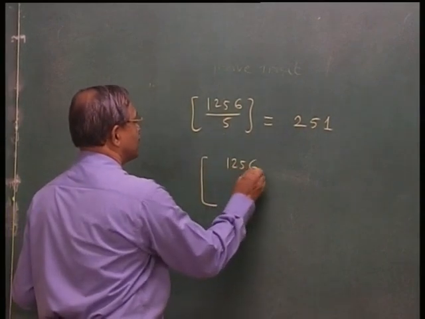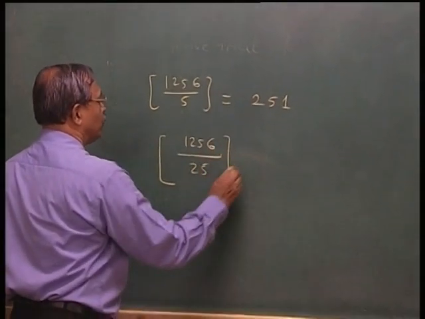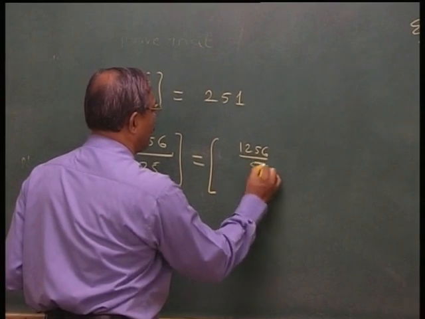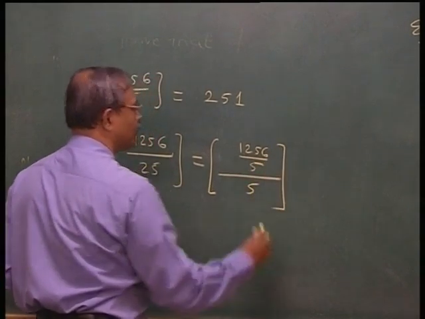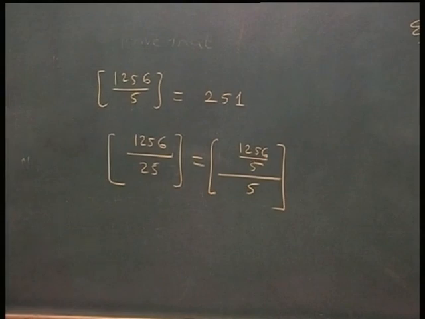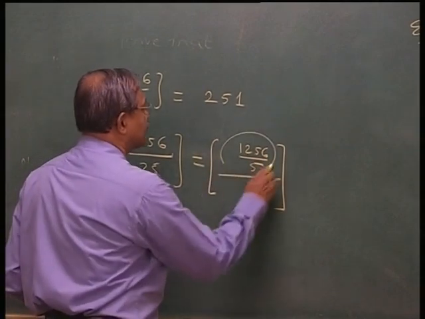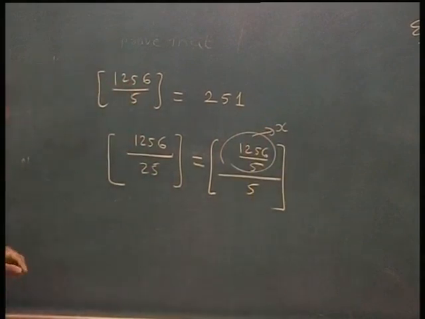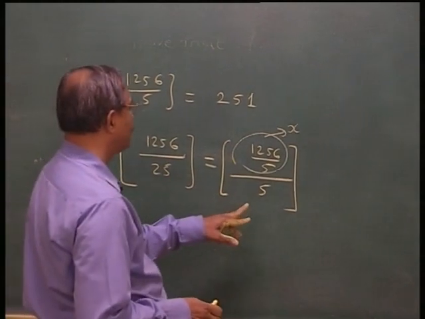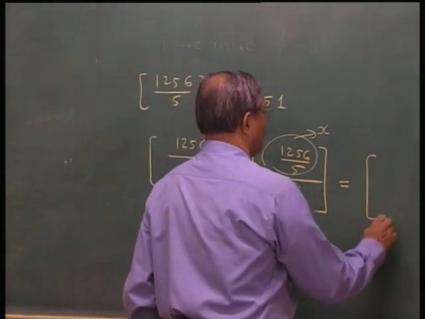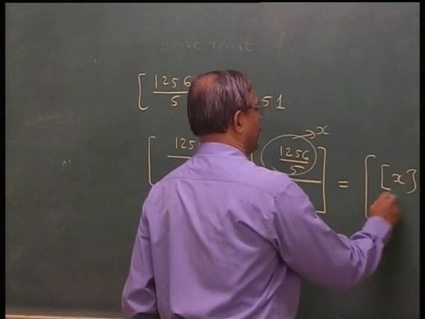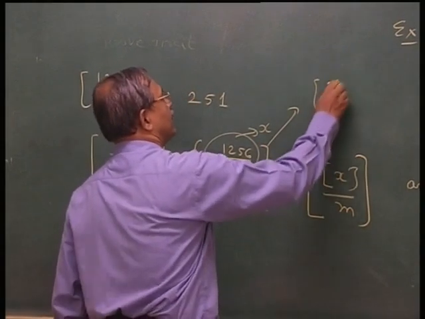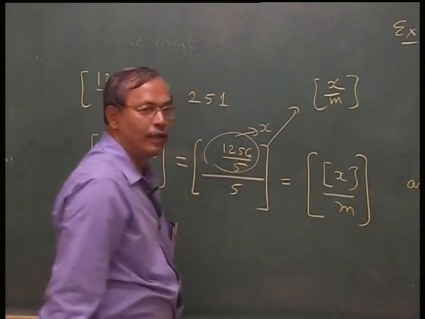How do I do this? So 1256 divided by 25, let me consider this as the integral part of 1256 by 5, again divided by 5. Now this is your x. The integral part of x by m, you can use the property.